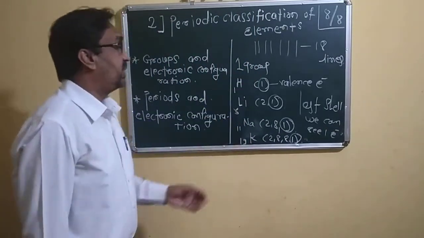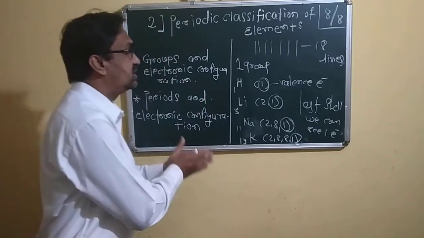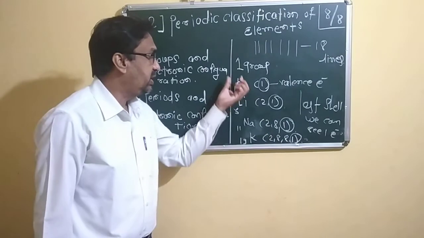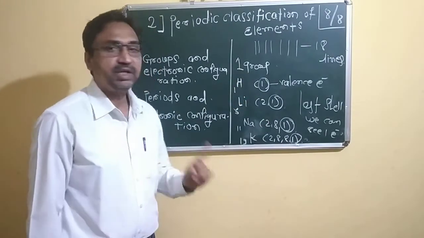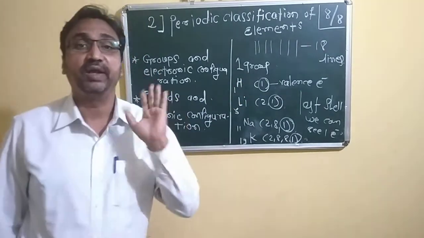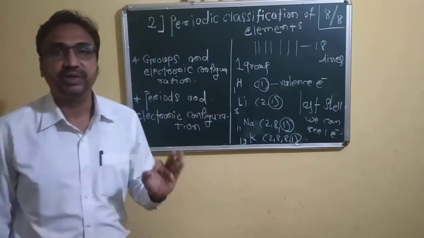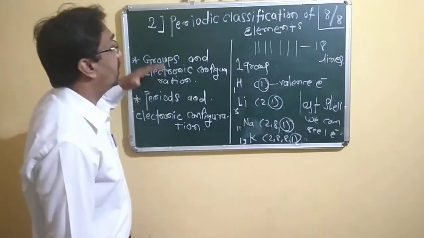For every element in a single group, the valence electron in every element's shell is 1. That is the peculiarity of electronic configuration in a group.